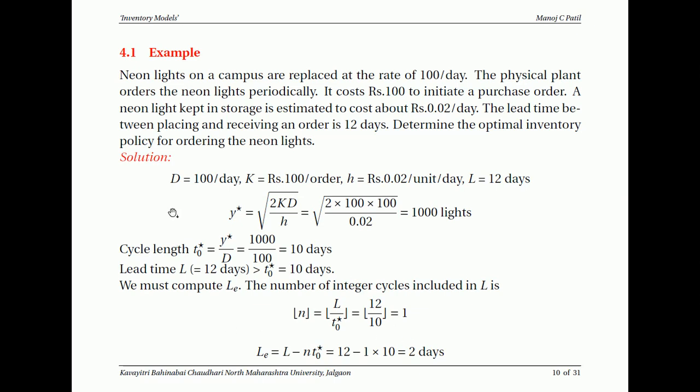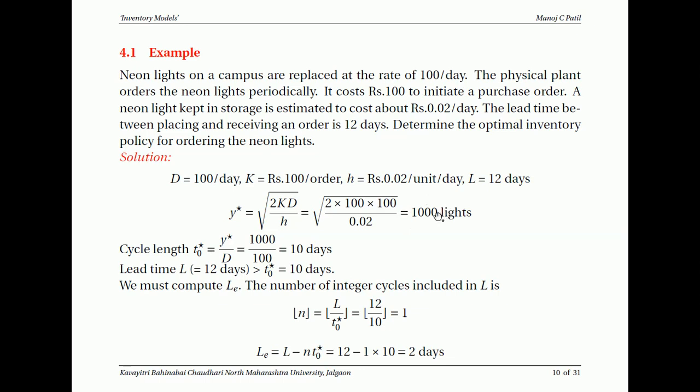By using all these quantities, we will calculate y star. We got y star equal to 1000 lights. Now let's calculate the cycle. The cycle T naught is equal to y star upon D, that is 1000 divided by 100, equal to 10 days. So every 10 days the department has to order 1000 lights.